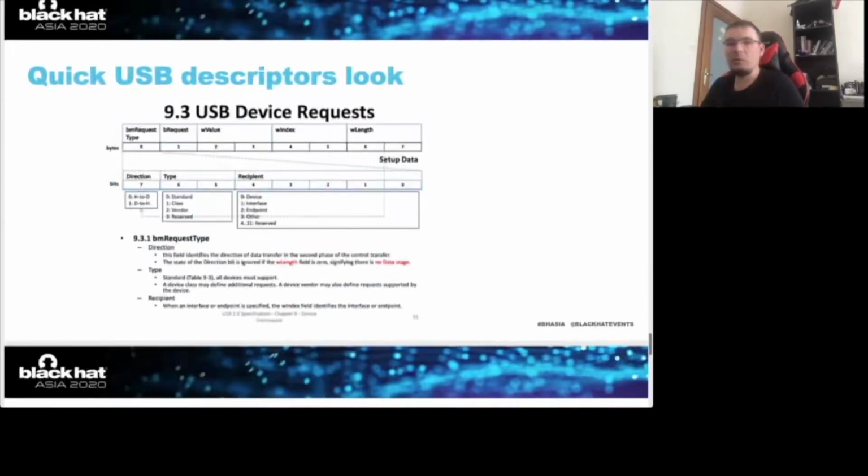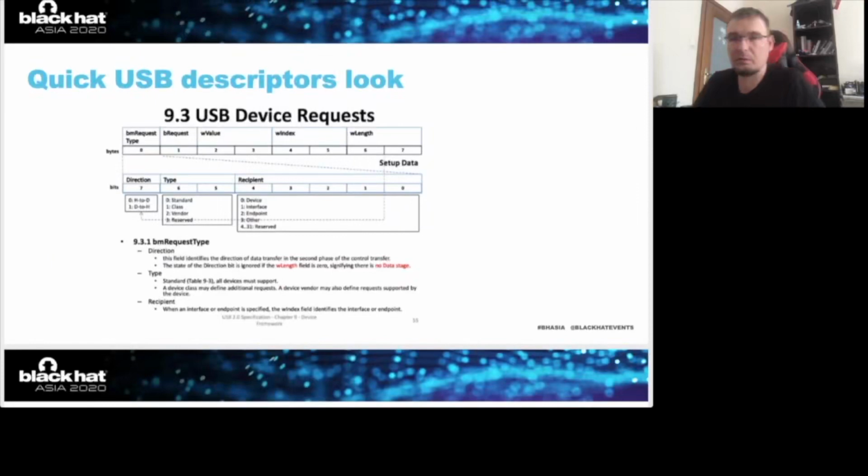Before we go to the details of our finding, we first want to show some information about USB descriptors, because this is a very important point of the research. USB descriptors are just small messages sent over a USB bus, and they are used for different things.